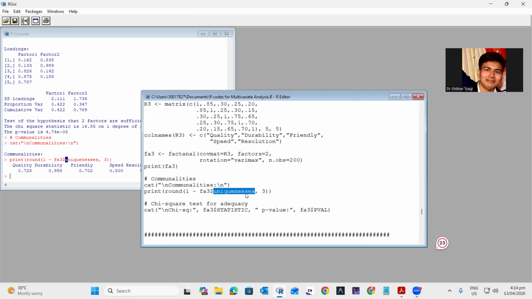As I told you, the relation between them is that uniqueness equals 1 minus communality, or communality equals 1 minus uniqueness. We are going to round the values to three decimals.